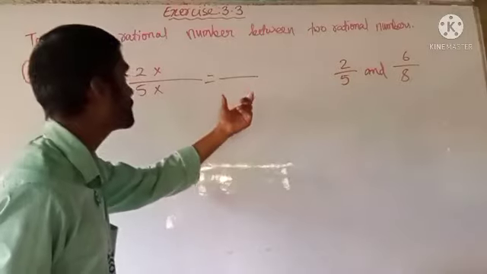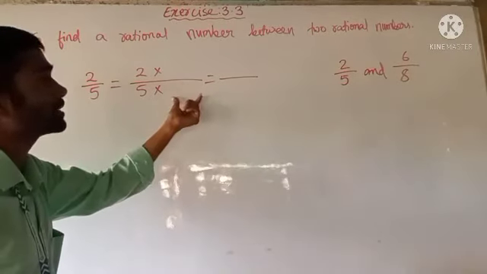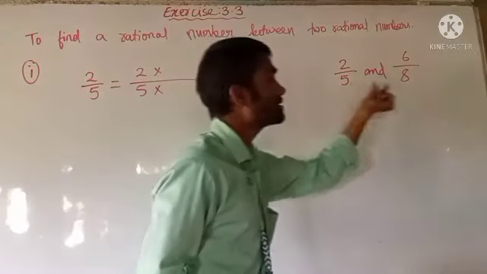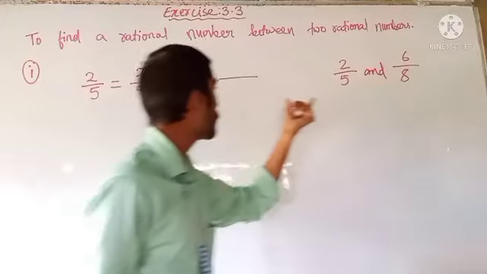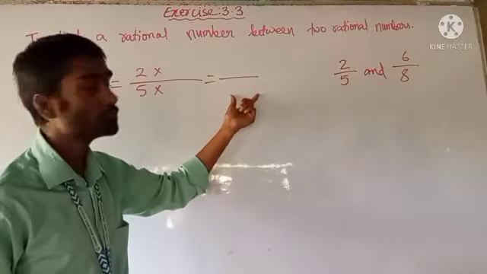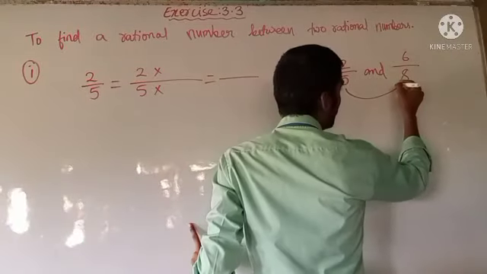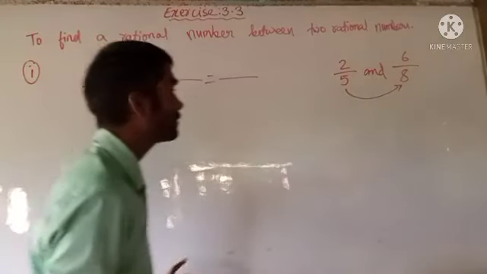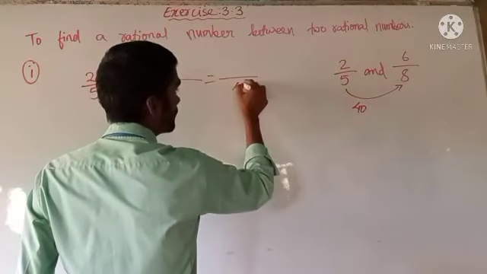So in order to make the denominator the same, we multiply by the LCM of 5 and 8. If you find the LCM, we will come across that the LCM is 40. So that LCM we will write here.